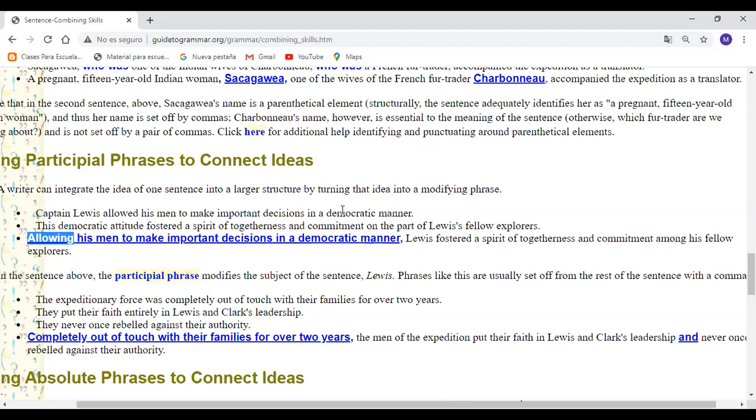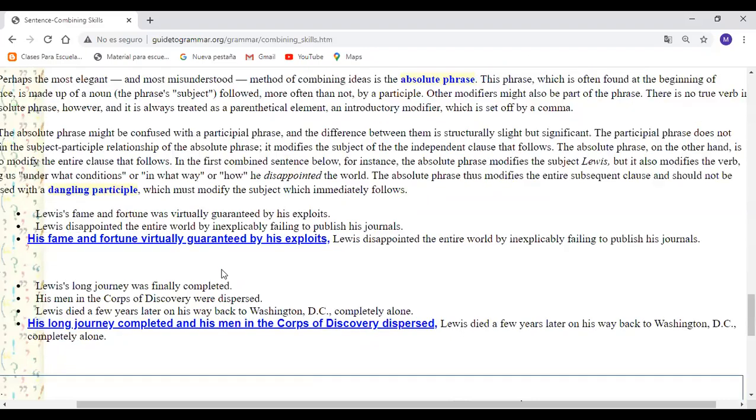But if we have more than that, such as "swimming, one of the best sports in the world" and the predicate, that means we have a participial phrase. Also, we can join two sentences by using a participial phrase. Let's see the next rule, guys.